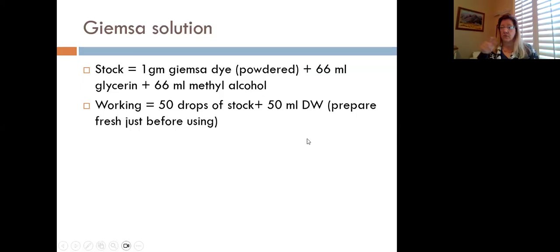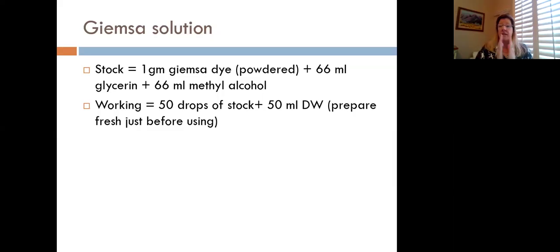Now, some working solutions can be held because they have a longer shelf life. But there are working solutions that have a shelf life of a few hours to a day, and then there are working solutions that can be held and used for weeks.